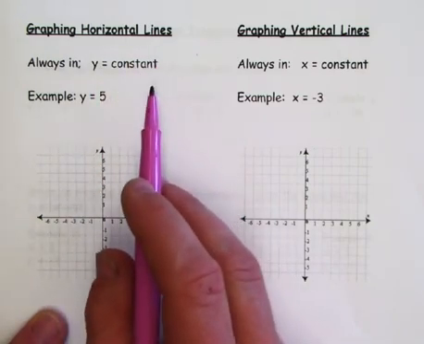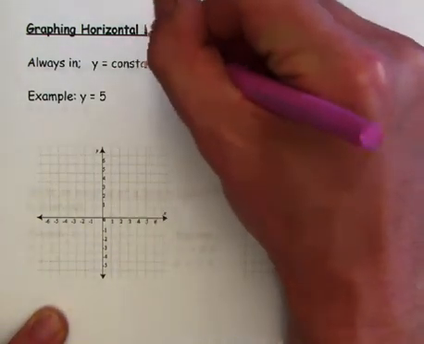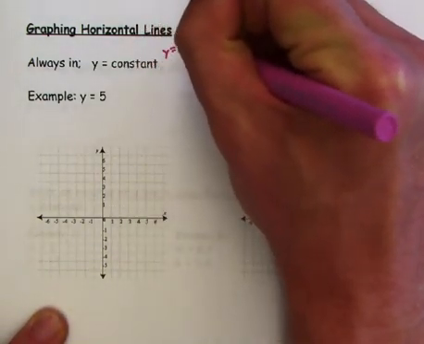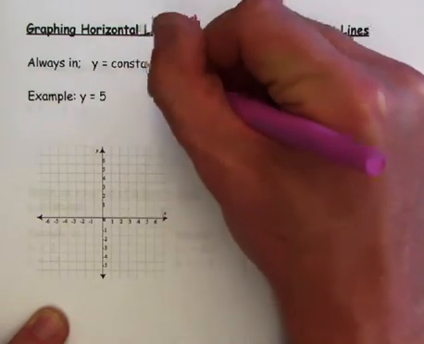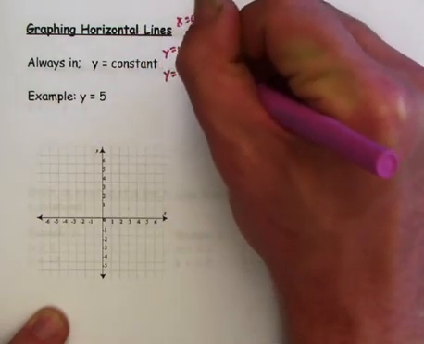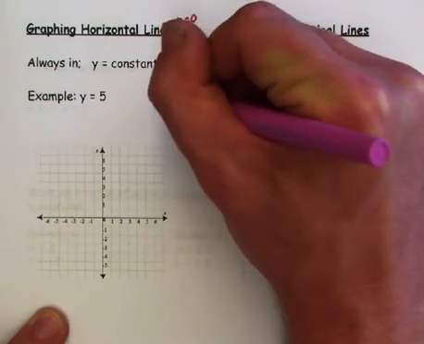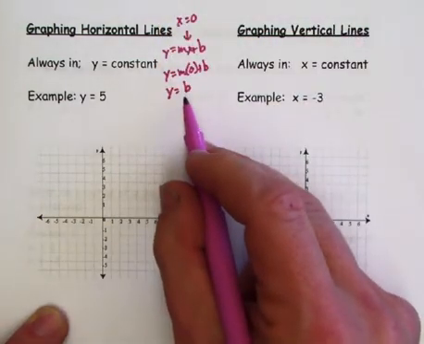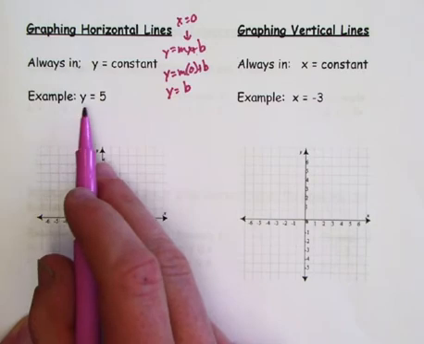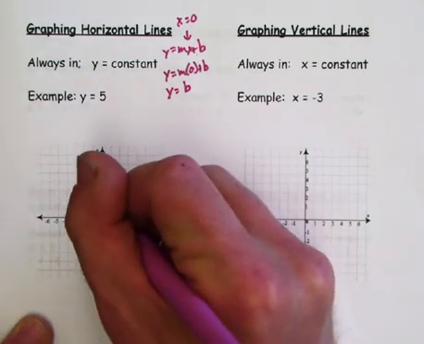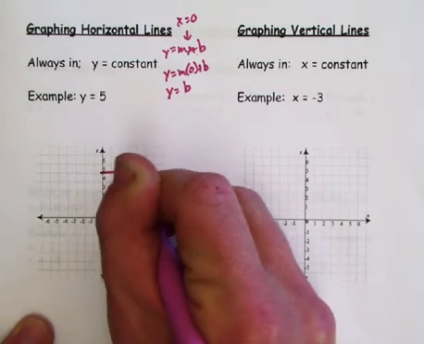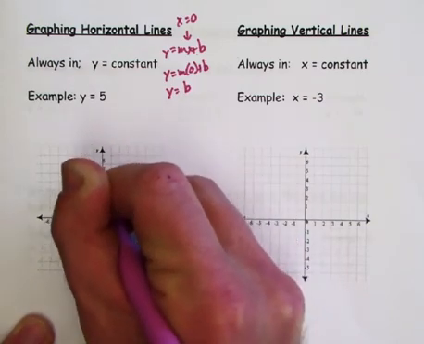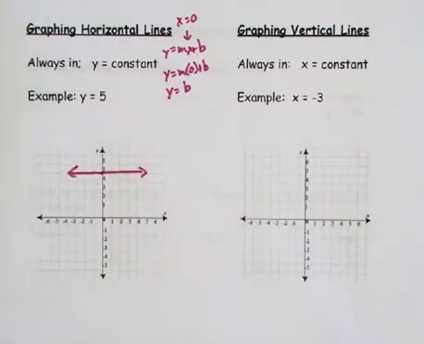Looking at our equation, y equals mx plus b, if x equals 0, then we get y equals m times 0 plus b, which is just b. So y equals our constant, our y-intercept. In this case, our example is y equals 5. So we come up to 1, 2, 3, 4, 5, and we just have a horizontal line.